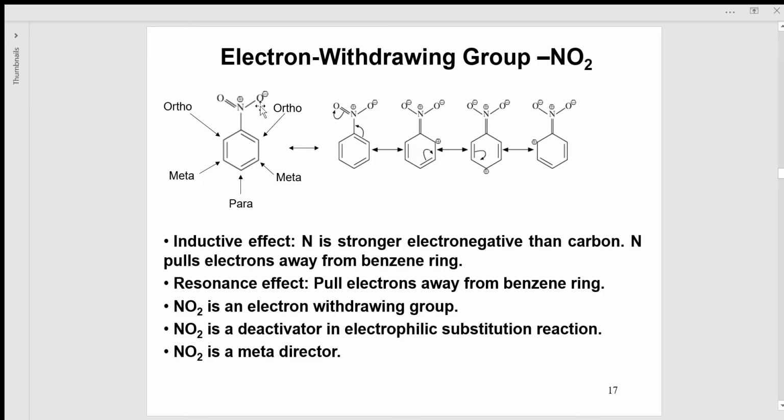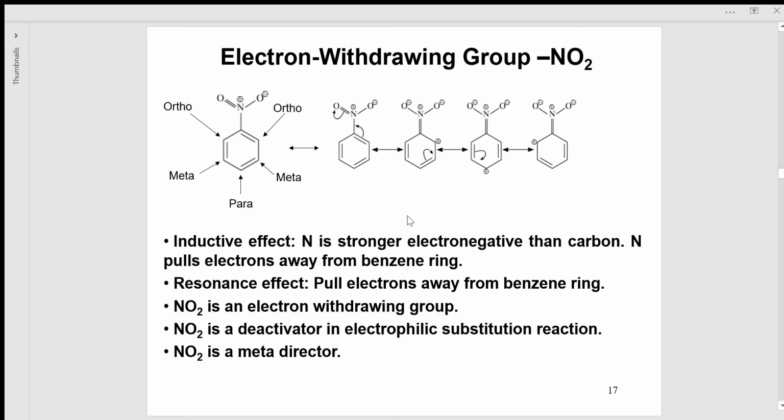So if this nitro group reduces the electron density in the benzene ring, the electrophilic substitution reaction will be decreased, because the electron density here is reduced compared to benzene. So the nitro group is a deactivator, because the electron density is reduced by the nitro group and the reactivity is also reduced.